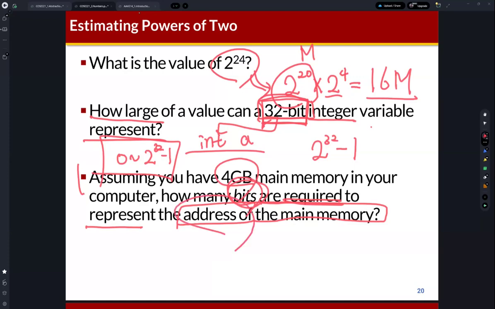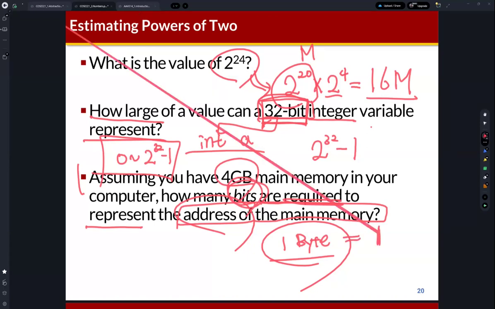Just remember that in the normal computer system, 1 byte of data is equivalent to one address. So what does that mean?